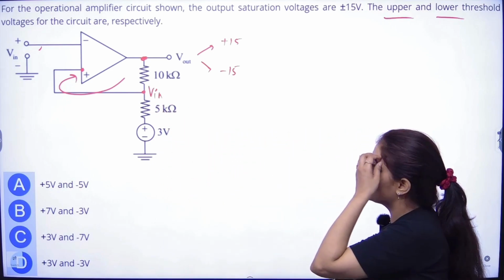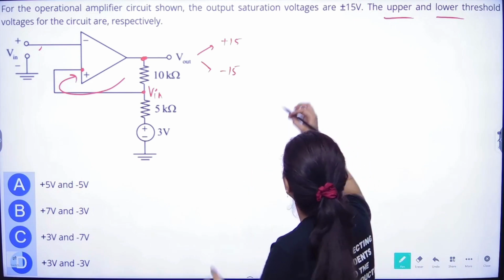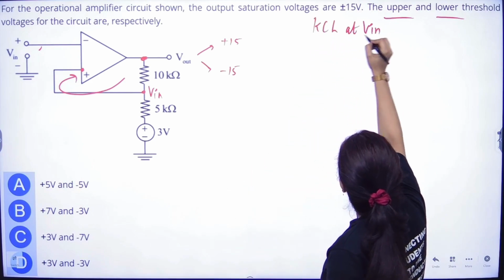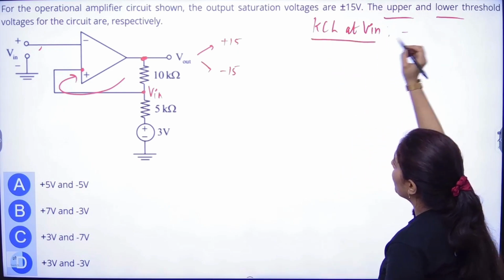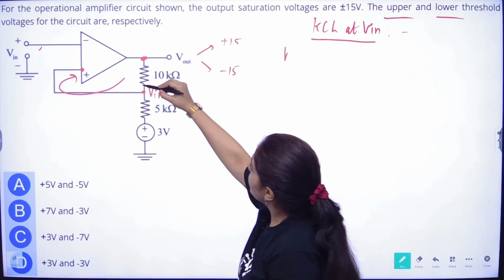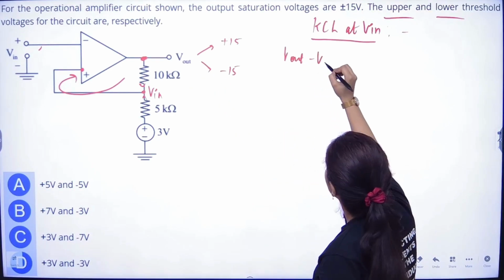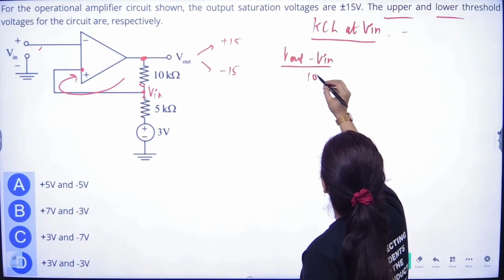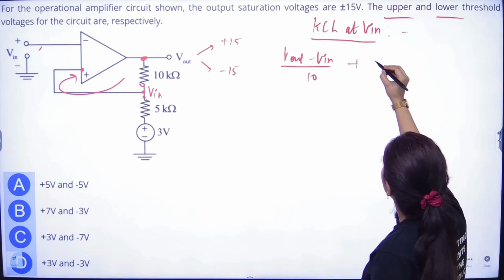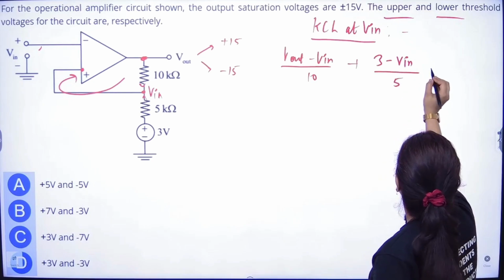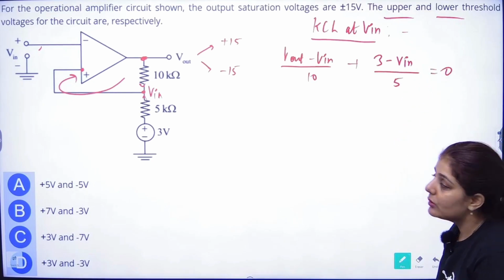So let's apply KCL at this node. If we apply KCL, what do we have? Taking both the current directions in, (V out minus V in) by 10 plus (3 minus V in) by 5, that will be equal to 0.